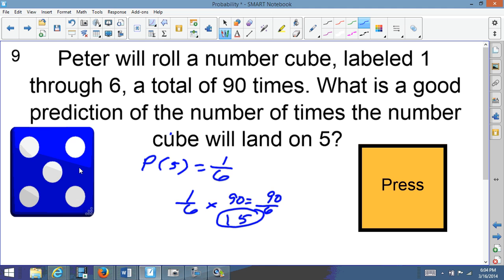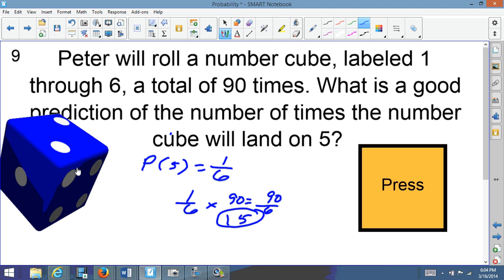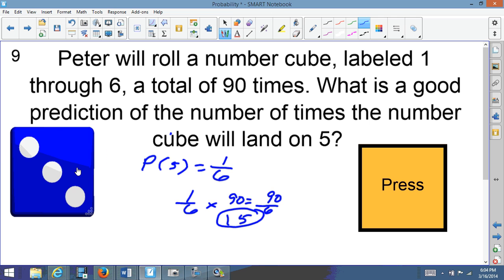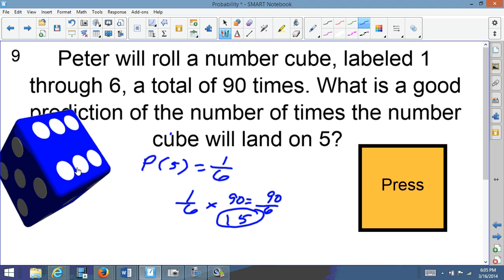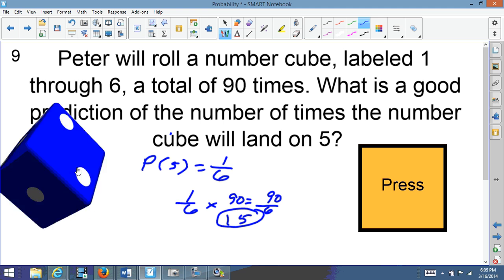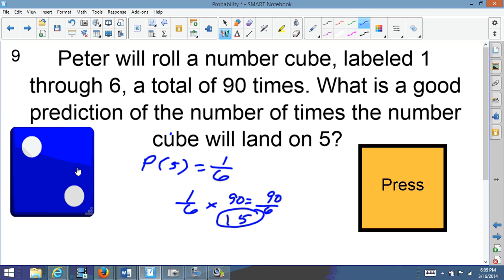So if I rolled it, there's 1, no, not yet, not yet, not yet. I got 2 threes, I notice. Oh, no. And oh, there's 1. And 1 more time. Okay, and I actually did get 1 five out of 6.